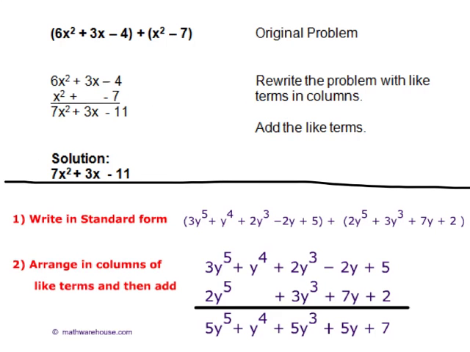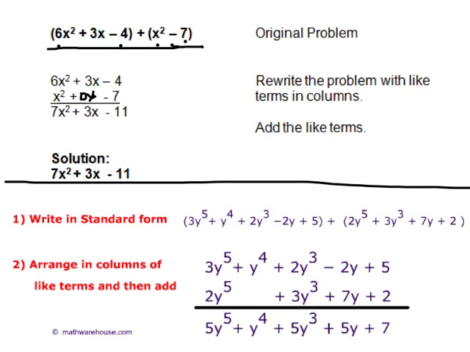Alright, now here we have the original standard form problem, and we're going to write it in vertical form, adding like terms, keeping like terms together. So I've put this x squared under this 6x squared. I don't have any x terms in this one, so I just leave that blank, or I could put 0x there. Right here, I could put 0x. Same thing as a placeholder. Alright, and then -4 and -7.